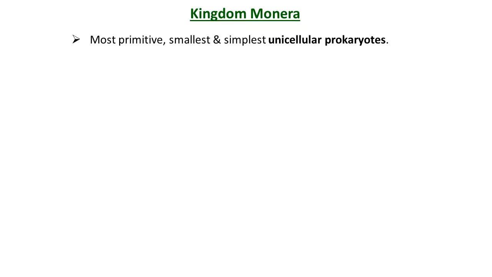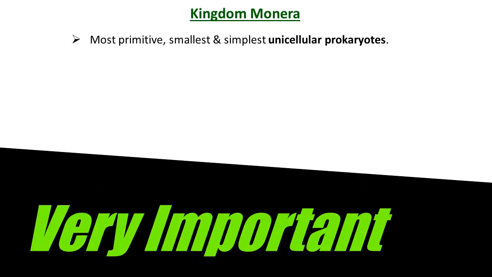So they are unicellular prokaryotes. Very important, these two words. Just repeating: kingdom Monera includes the organisms which are, number 1, unicellular, and number 2, prokaryotes.